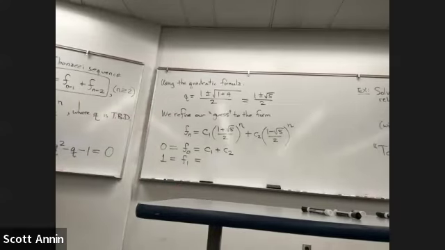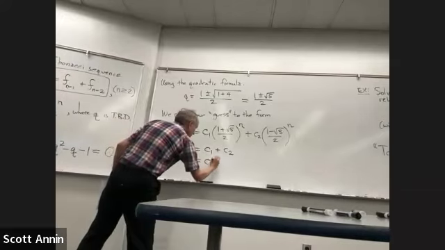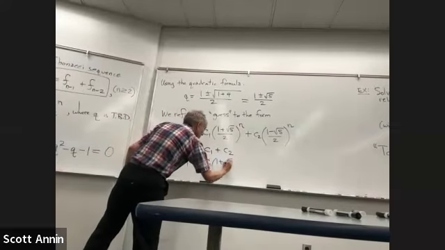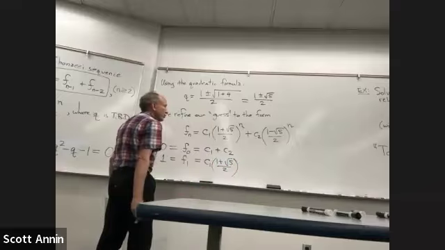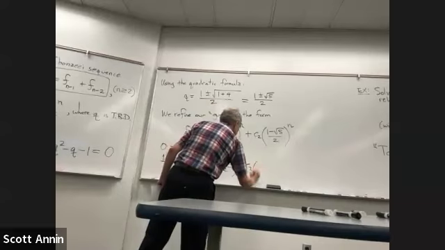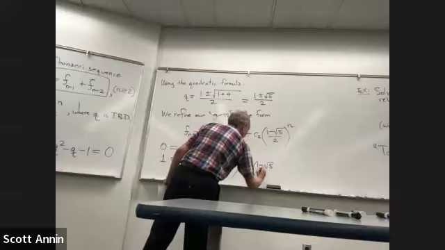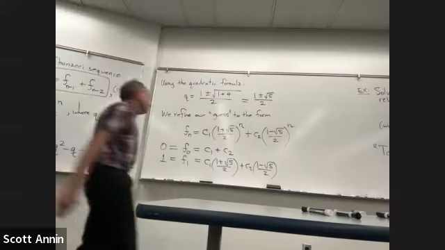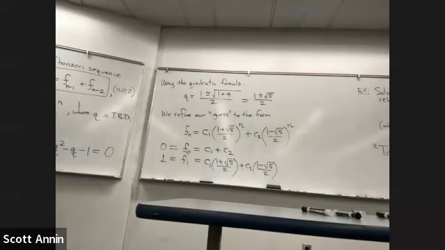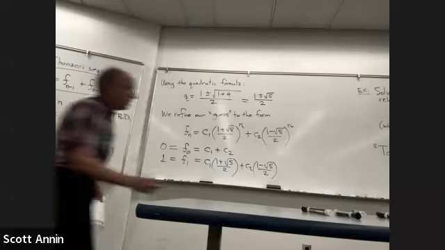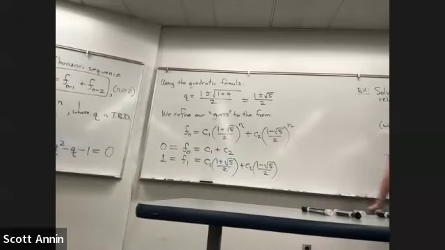So F1, which is equal to 1, is C1 times the quantity 1 plus the square root of 5 all over 2 plus C2 times 1 minus the square root of 5 all over 2. And I have 2 equations and 2 unknowns here. It's basically what we're looking at.